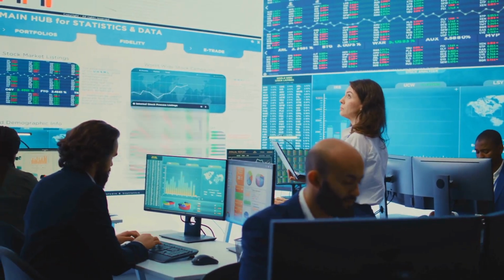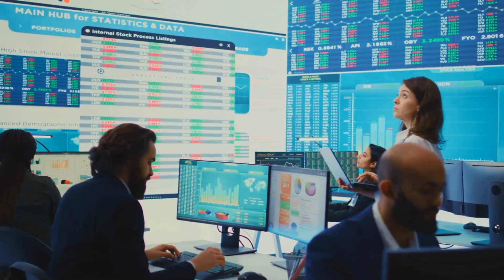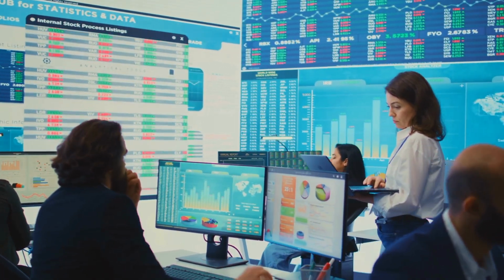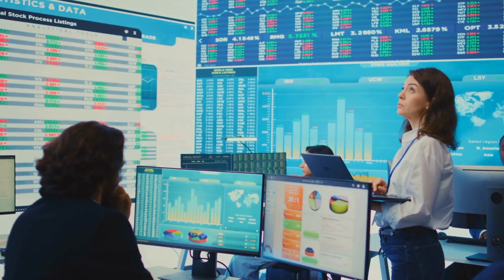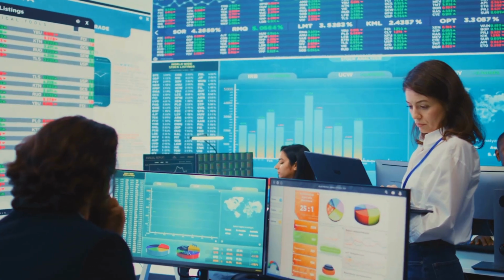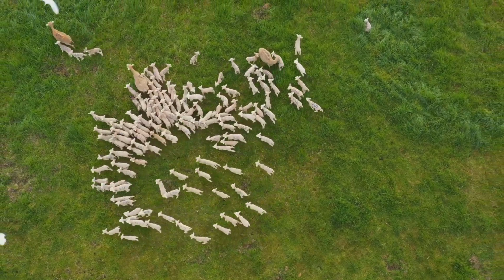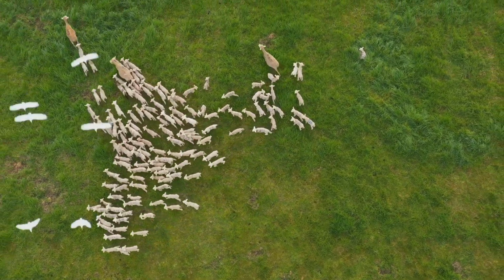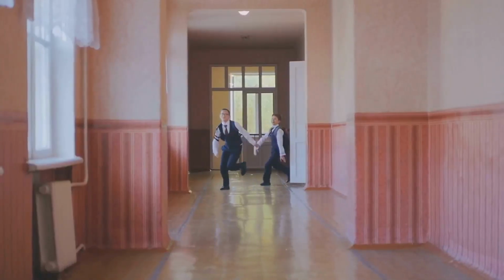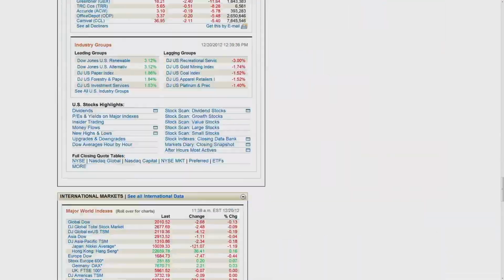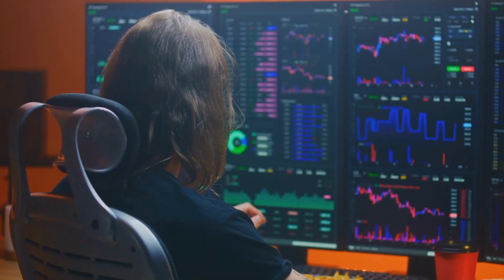Now, another theory focuses on human behavior, the psychology of the markets. It suggests that this clustering might arise from what's called herding behavior. Herding, like sheep following each other. What does that have to do with the stock market? Well, imagine you see a bunch of people running towards an exit. Even if you don't know why, you're probably going to start running too, right? Yeah, I wouldn't want to be left behind.